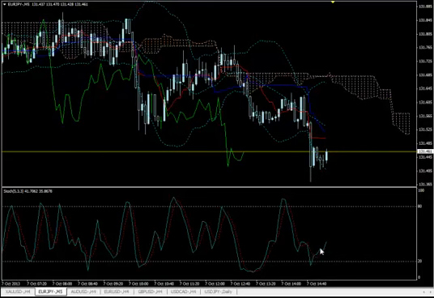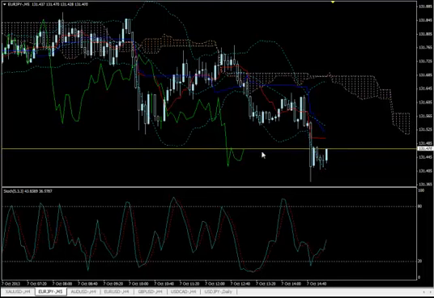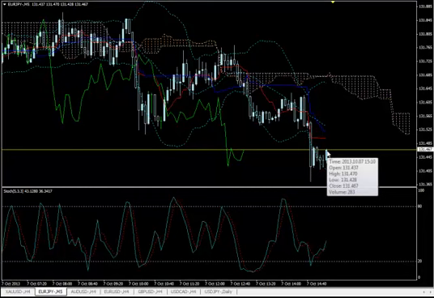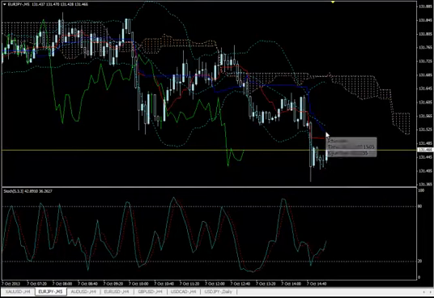We see here the stochastics going wildly up, showing us that the price has momentum, okay? We see the leading Kumo being curved and signifying bullish reversal, and we expect the bullish candlestick to jump above Tenkan Sen and close there.